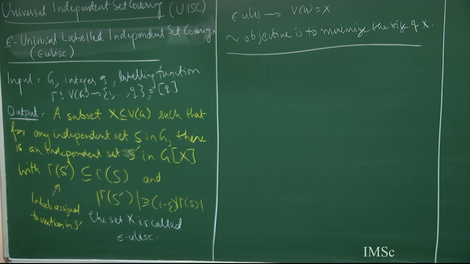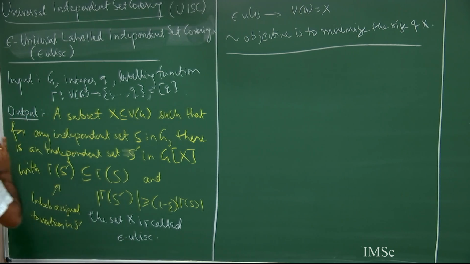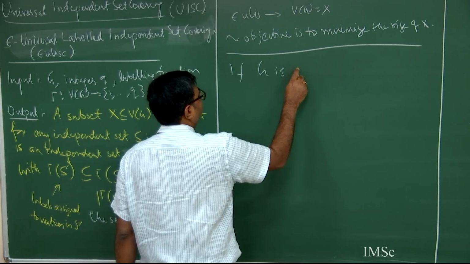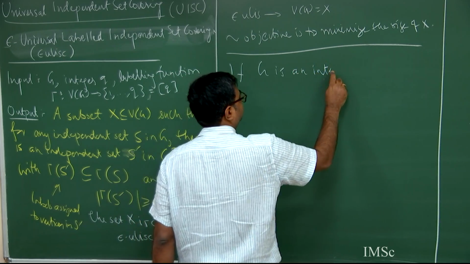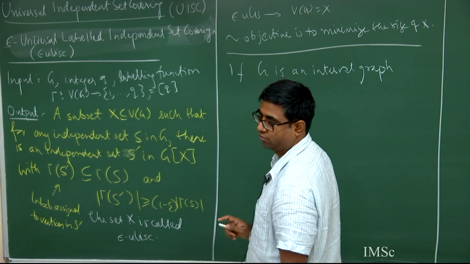I do not know how to construct this for different classes of graphs. This is a combinatorial question for people who are interested in combinatorics: for which class of graph, for which kind of parameters, one can obtain X with good size bounds. But what I am going to tell you is that if G is an interval graph, then I can do something interesting.